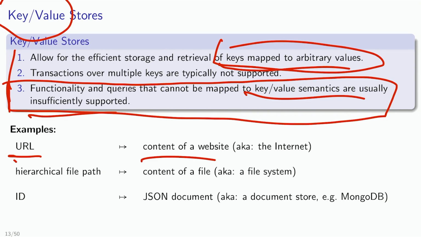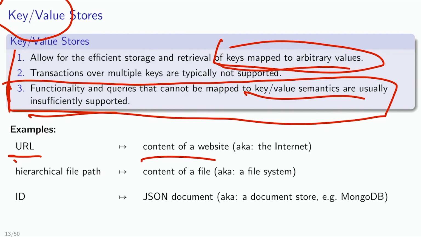A hierarchical file path, that's one of my favorite examples. File systems have developed in a different community, in the systems community. But if you think about that, this is a key value store. The key is the hierarchical path you have in your file system.